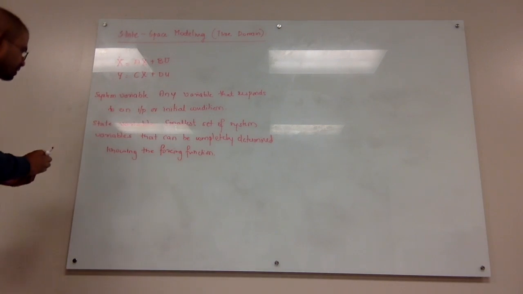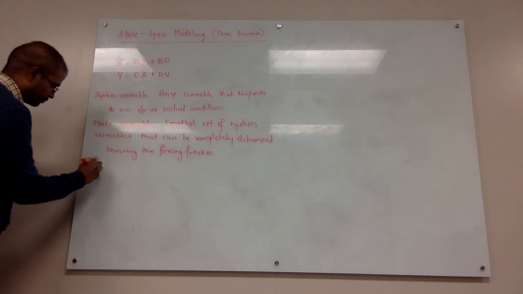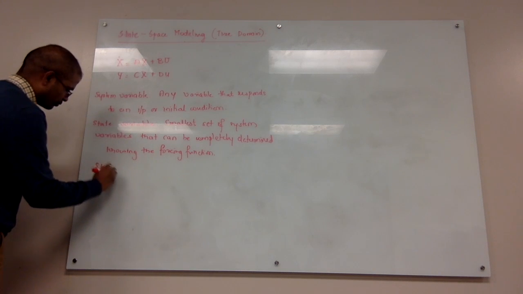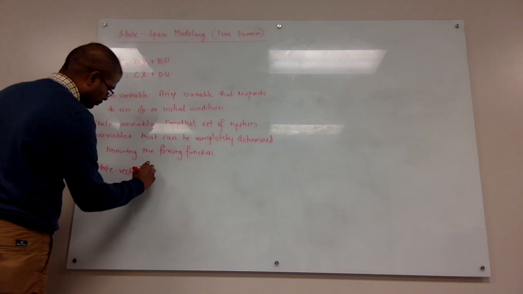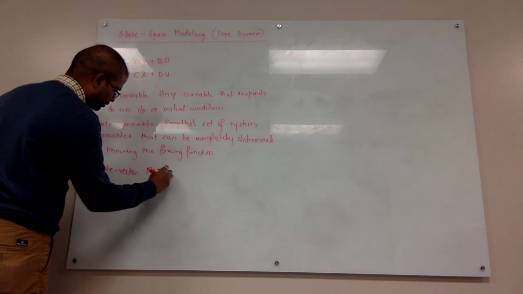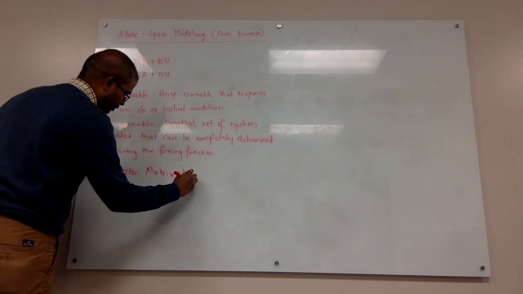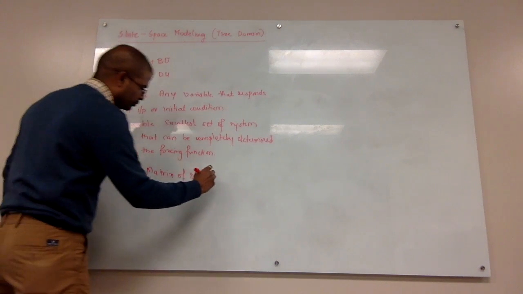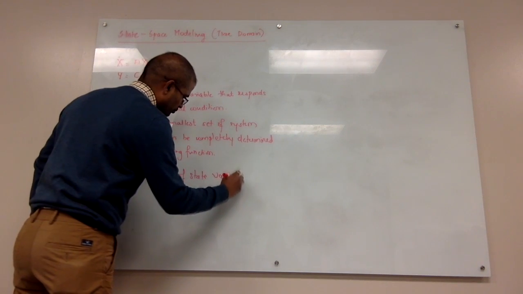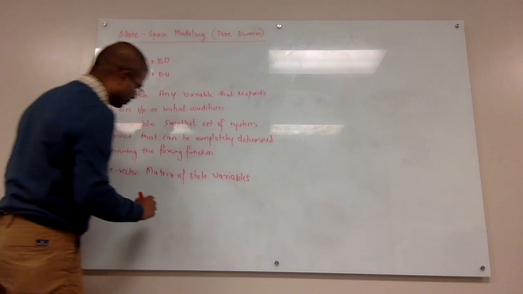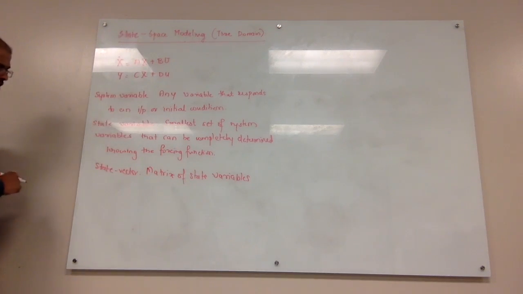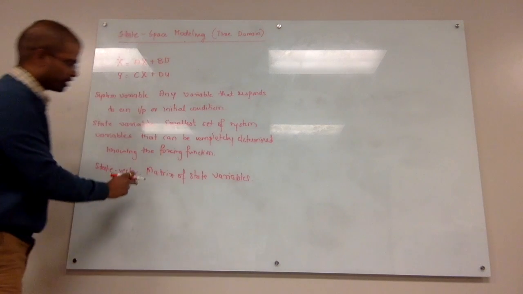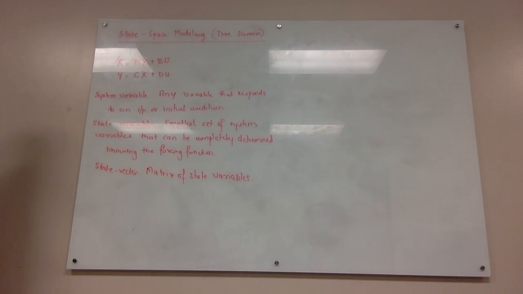Now the state vector is simply a matrix of state variables. This is a column matrix. When we say state vector, vector has a very specific meaning, and I'm sure we have discussed this enough.